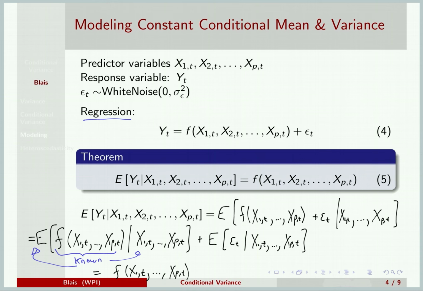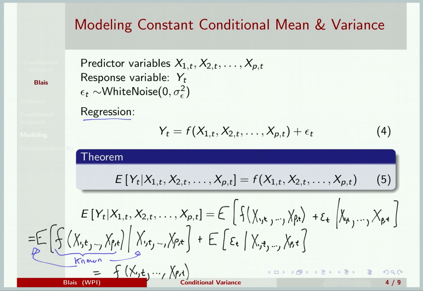For the second term, we note that epsilon t is independent of these predictors, which is a standard assumption that we make in a regression model. The white noise, besides being uncorrelated amongst themselves, are also independent of these predictor variables, which means we lose the conditioning.